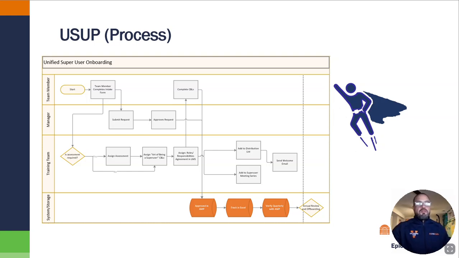If the managers are aware, then we have an AMP process that's tied to this as well. And once the AMP is approved, then it triggers a notification to my team to assign different either competency assessments or CBLs of the art of being a super user, so that they can be familiar with what it is really like to be a super user.